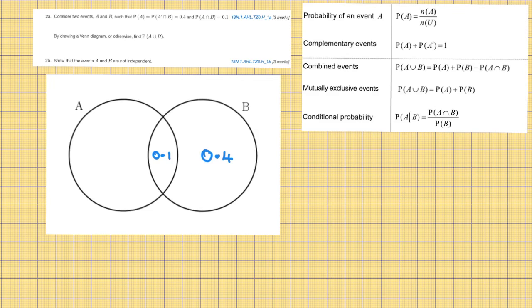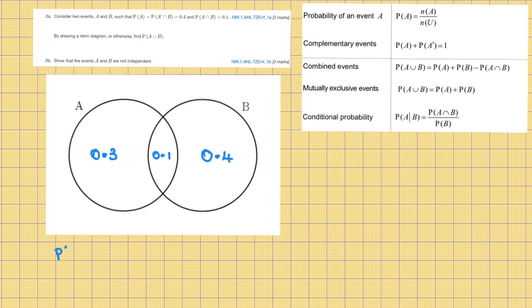So we're also told that the probability of A is equal to the probability of not A intersection B. So the whole of A is equal to this section of B. So this section of A must be equal to 0.3. 0.4 minus 0.1.